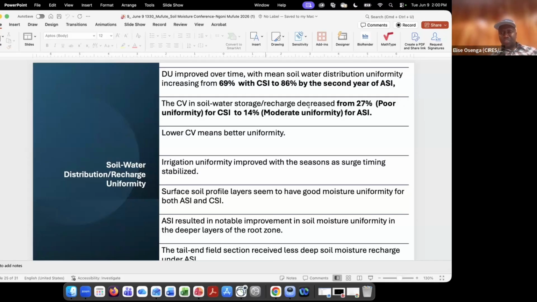And the coefficient of variation improved from 27% to 14%. So the lower the number for coefficient of variation, the better the uniformity of irrigation, right?